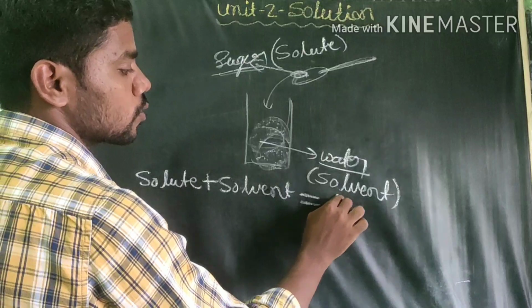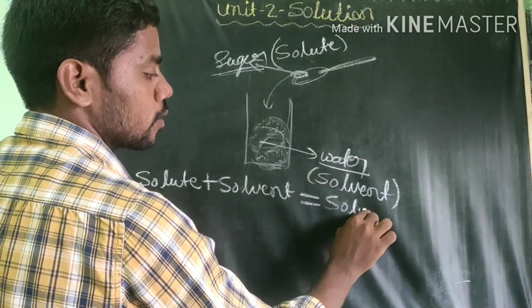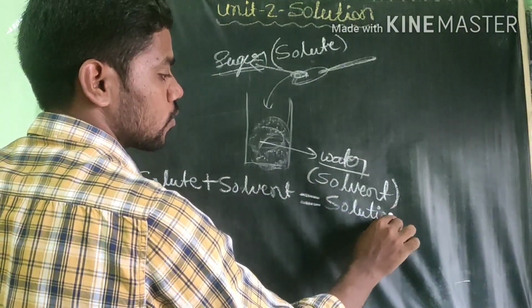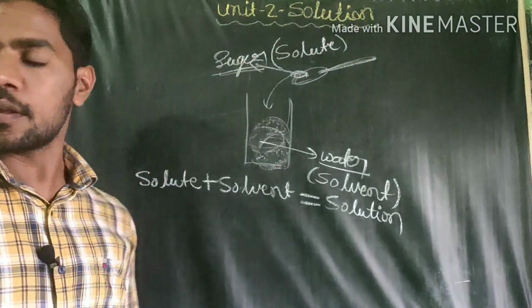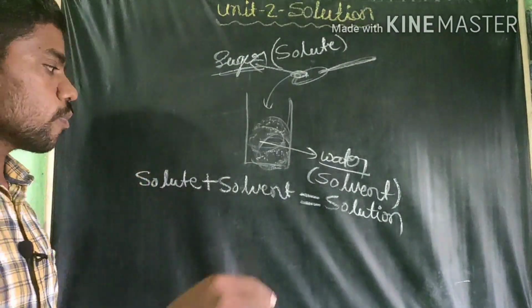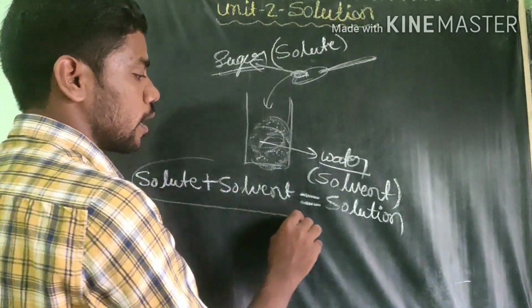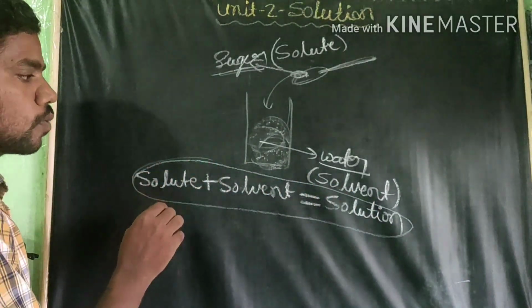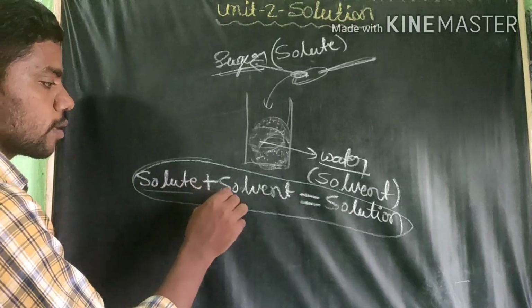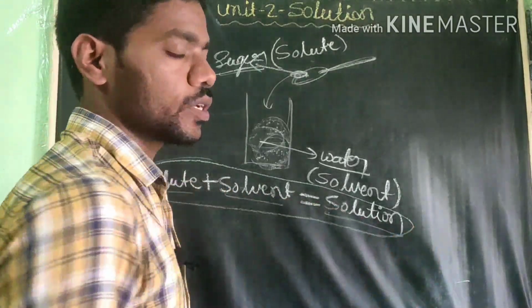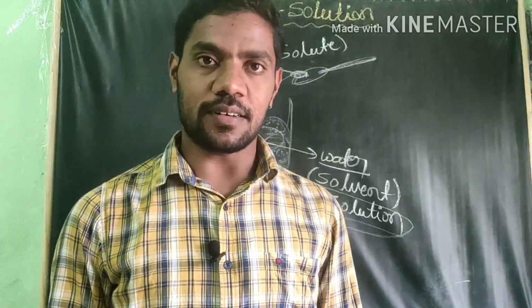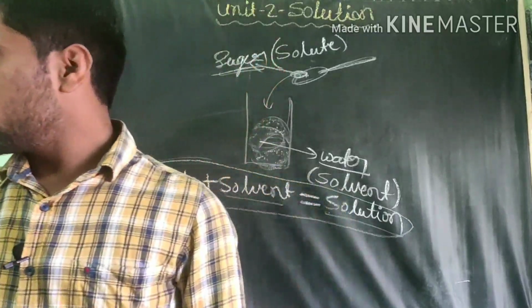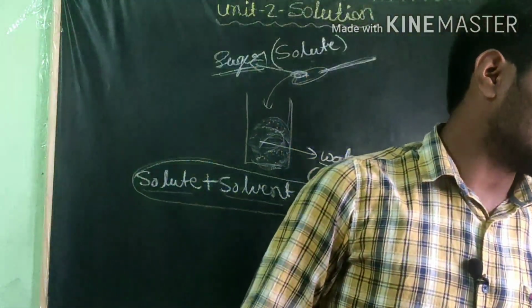It gives us a solution. What? A solution. How solution comes? The solution comes when solute and solvent combine. Solute plus solvent combine to give just what? Solution. Yes, right? Okay, ಇಲ್ಲಿ ನೋಡಿ, ನಾನು ಈಗ ನಿಮ್ಗೆ ತೋರಿಸ್ತೀನಿ.